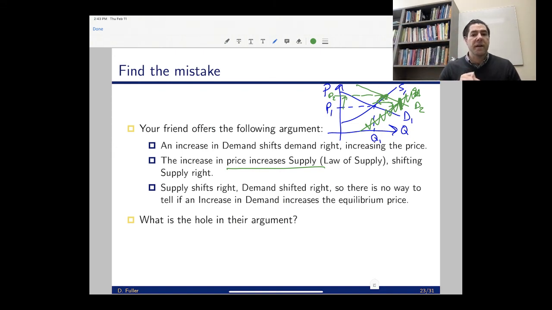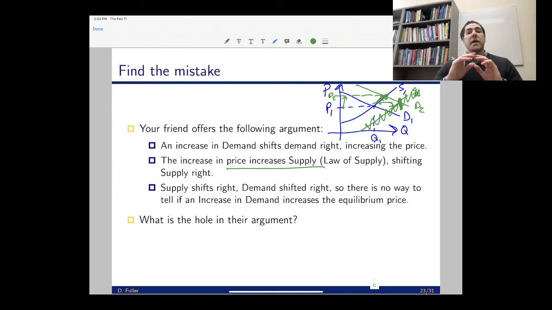So this is going to take some practice, and this might be a little bit unclear, so it's kind of a contrived example, but we'll see plenty of examples of demand shifting or supply shifting, and I'll bring this point back up. But we don't want to get in this sort of circular logic where I say demand shifted, the price went up, therefore supply has to shift.